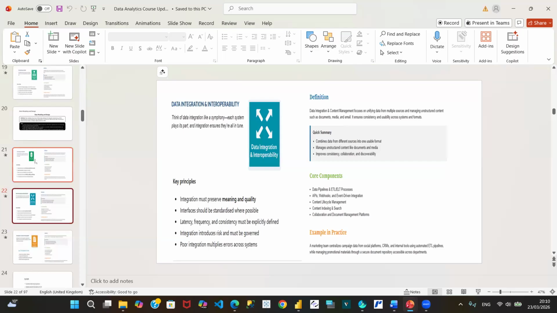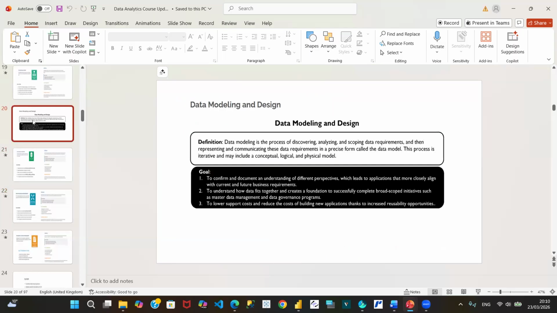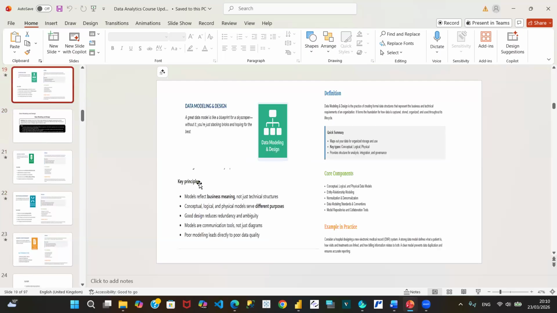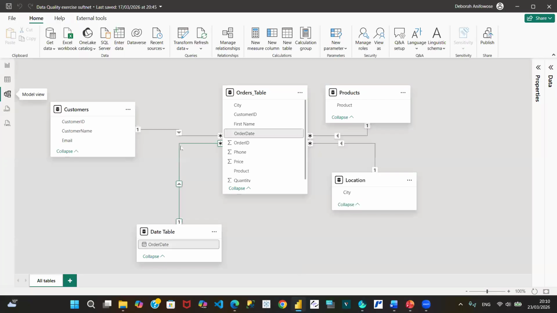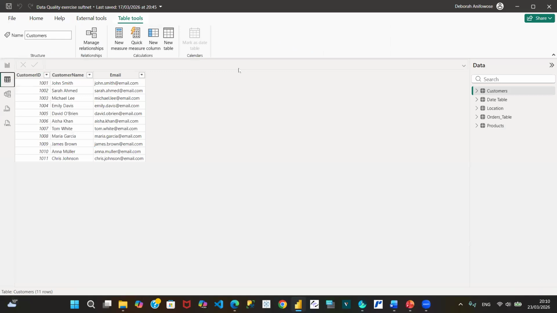So the primary key is a unique identifier of every record in a table. It's more like the customer ID. They are kind of unique from the other records.